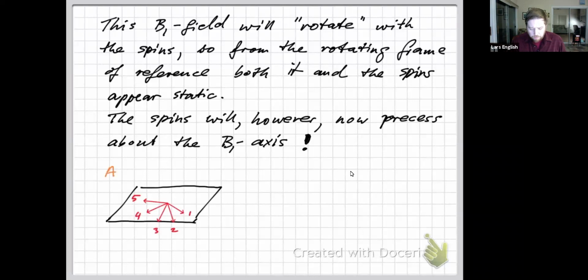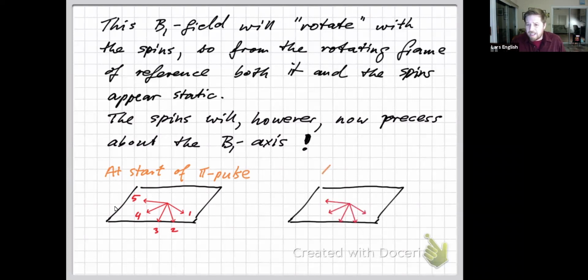And so if this is the picture at the start of the pi pulse, so just before we turn on that pulse, that B1, the rotating B1 field, then the picture looks more like this after the pi pulse, or at the end of the pi pulse, right?